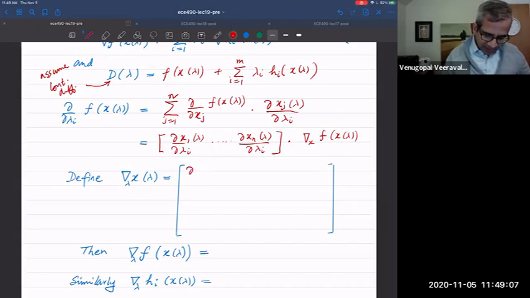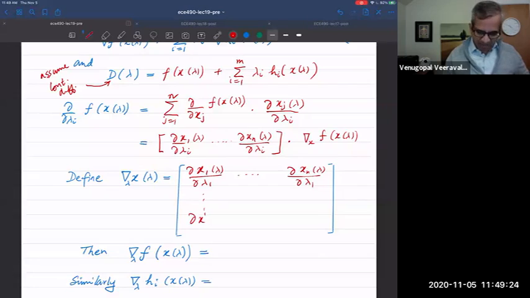So this is x lambda, the partials of x1 through xn with respect to lambda 1, and so on, all the way to the partials of x1 through xn with respect to lambda m.